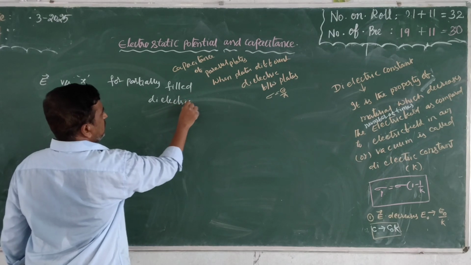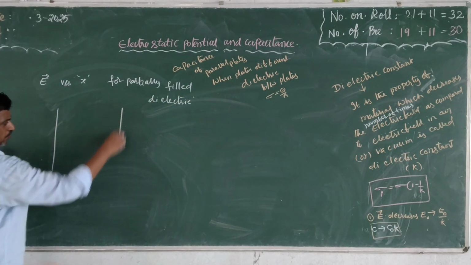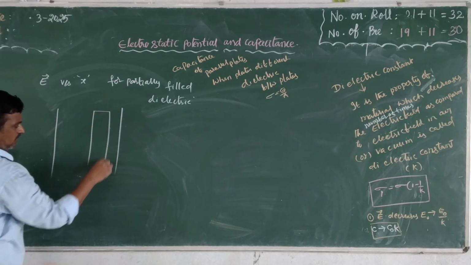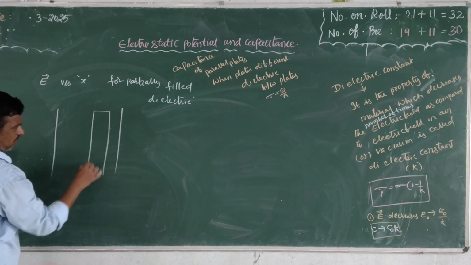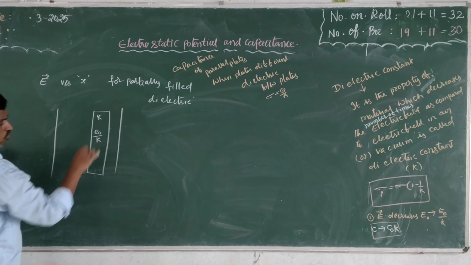Here the parallel plates are partially filled with a dielectric. Its constant is K, so its electric field is E naught by K.